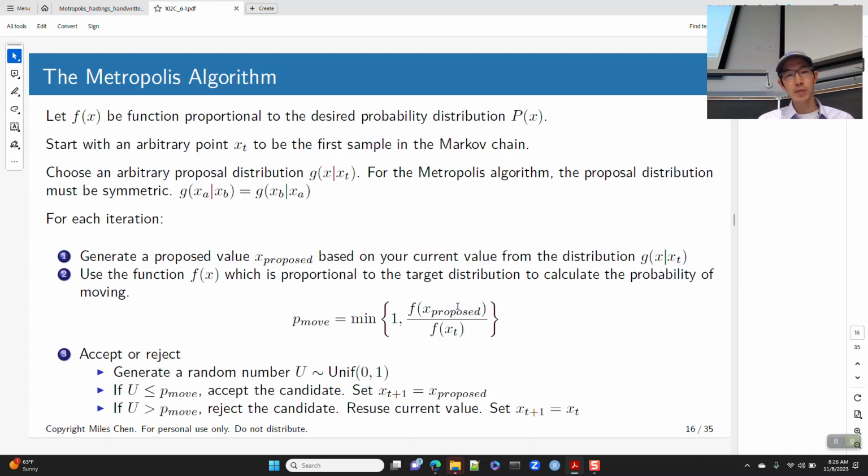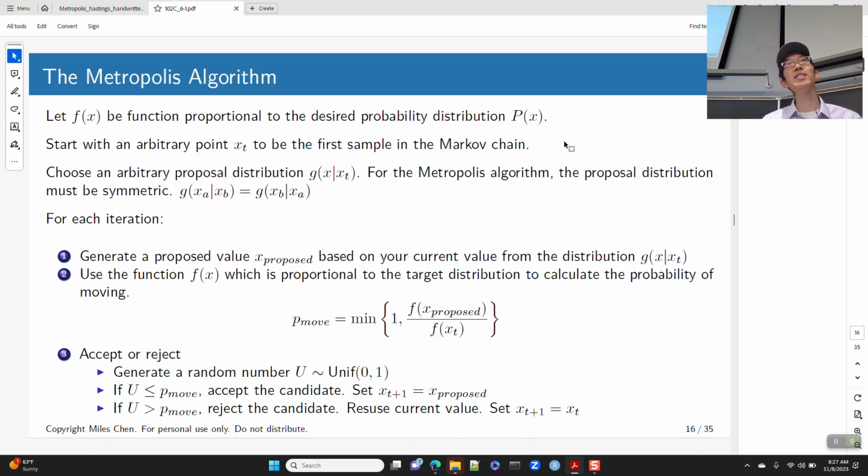Okay, so what we need is a function that is proportional to the desired target probability distribution. One nice thing about the Metropolis algorithm is that you don't even need the exact form of the PDF. Let's say you have this target distribution.